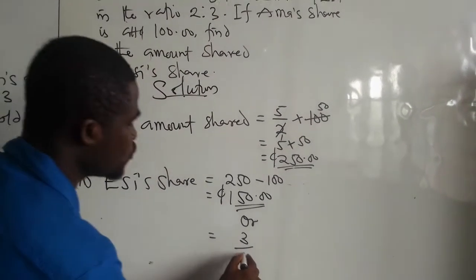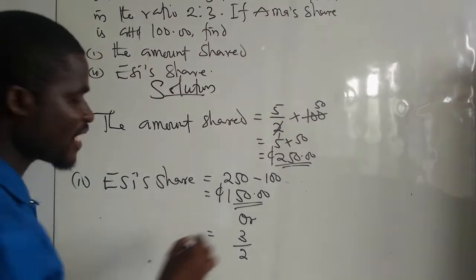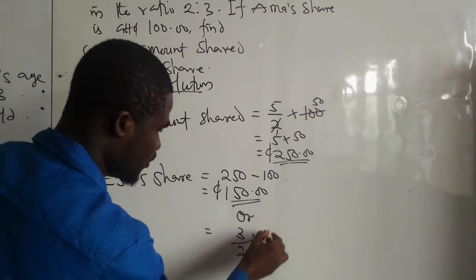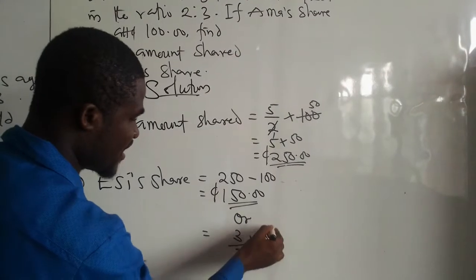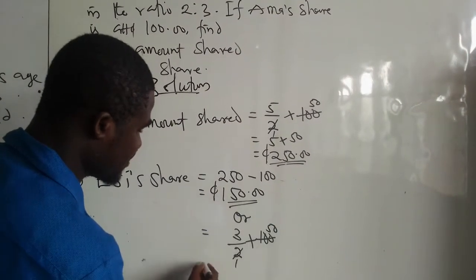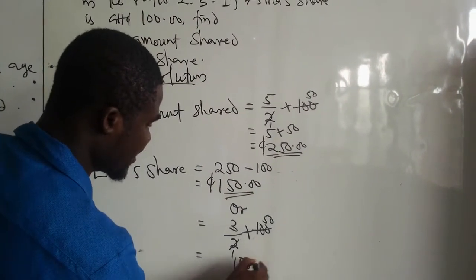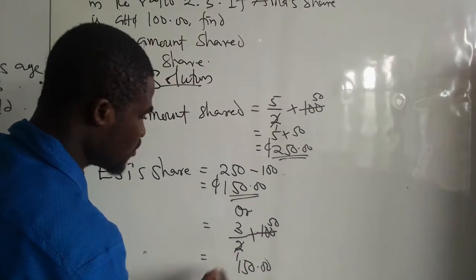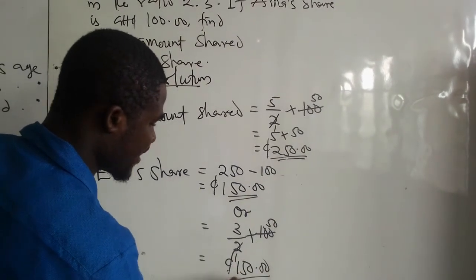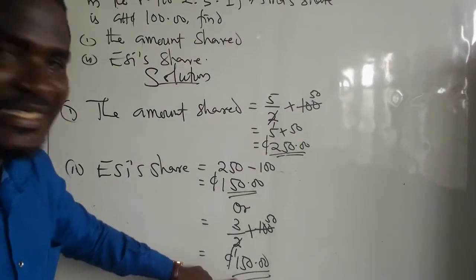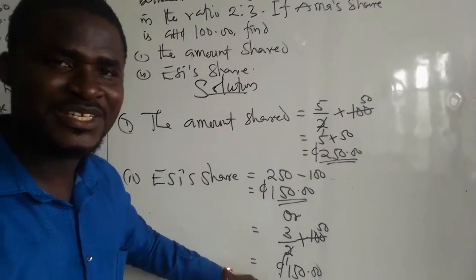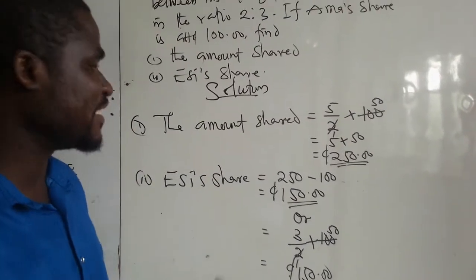Amber's ratio is 2, times Amber's share. That will give us 2 goes here 1, 2 goes here 15. 3, 5, 15. So 150 Ghana cedis, add 0 to it. We're going to get 150 Ghana cedis. So either you use this method or this method. Take note.